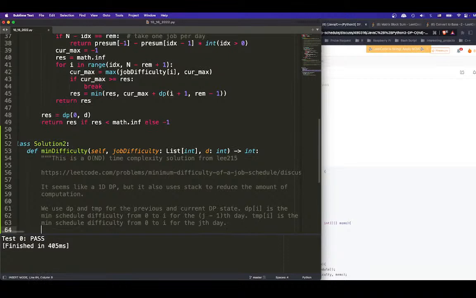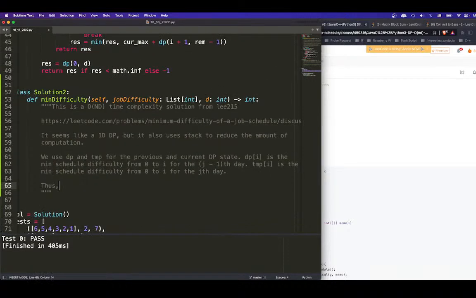Thus, when we are at temp[i], we first look back at dp[i minus 1].